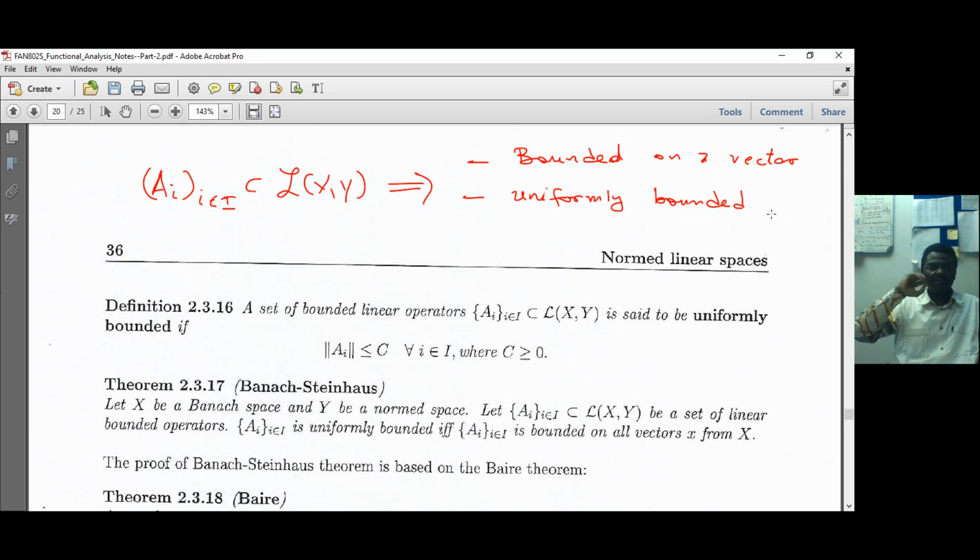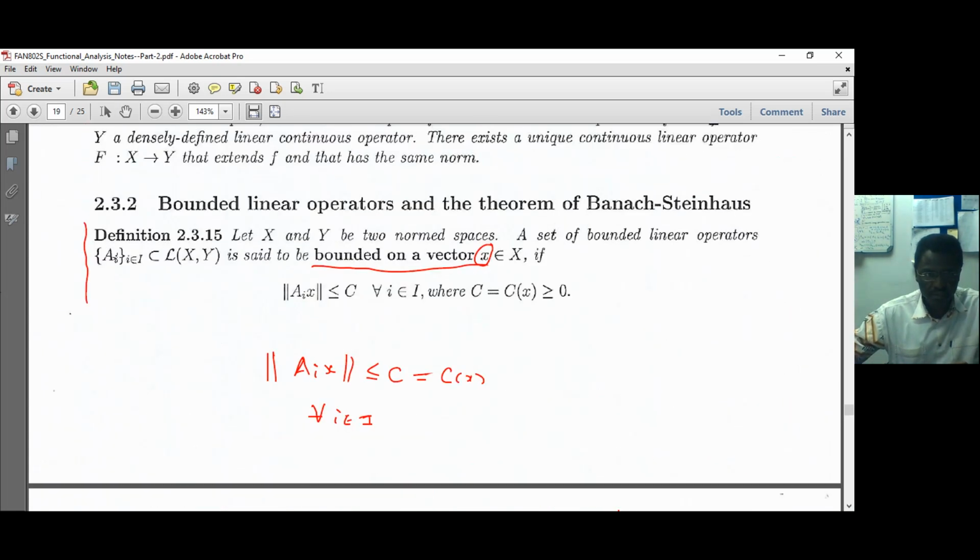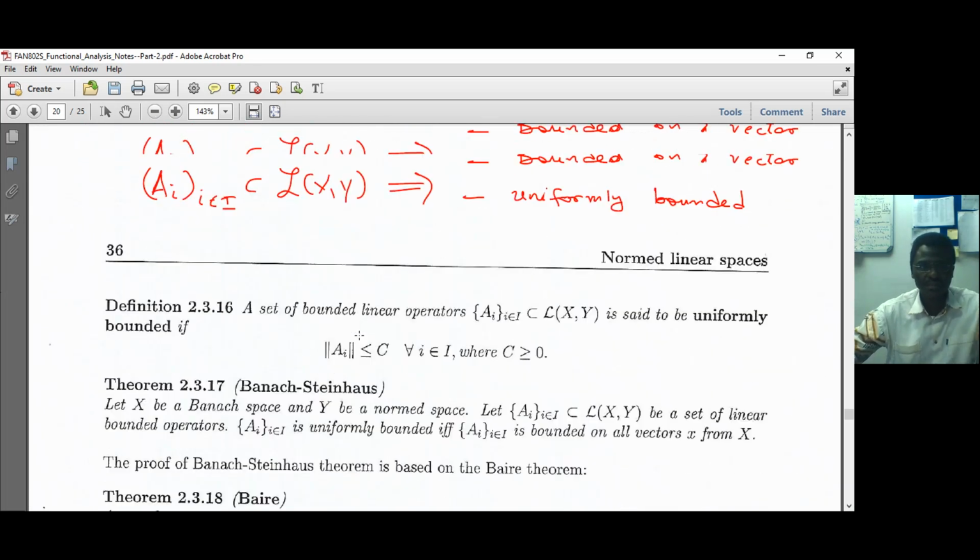Now, to be uniformly bounded means that it is bounded without the X. Now you can remove the X. If you remove the X, you still have that inequality, and that C will not depend on X because X is not there. It's uniformly bounded. That's the difference.